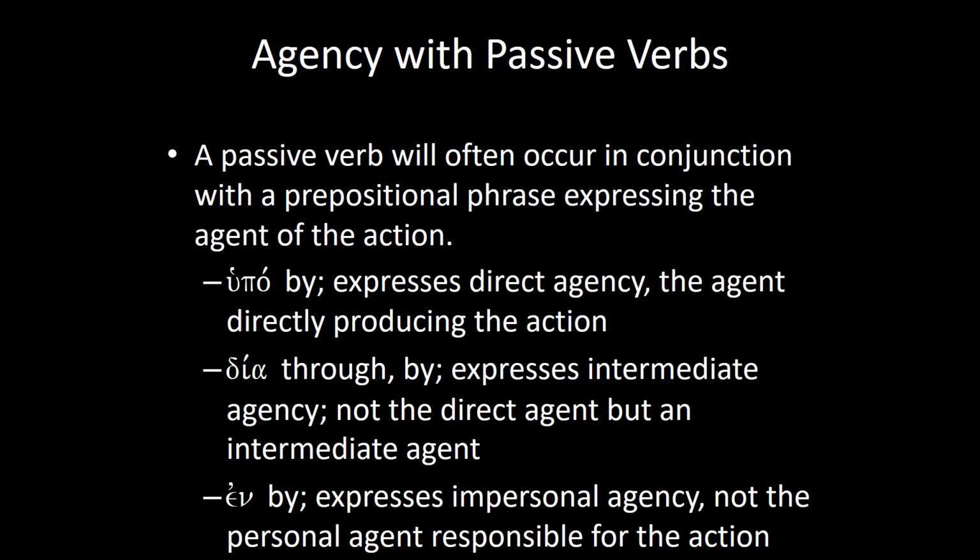Not a personal agent, but the impersonal means by which something is accomplished. So you have these agency phrases, hupo, dia, or en. You can also do this just with a plain dative without any prepositional phrase. That would be one of the ways to express impersonal agency as well.